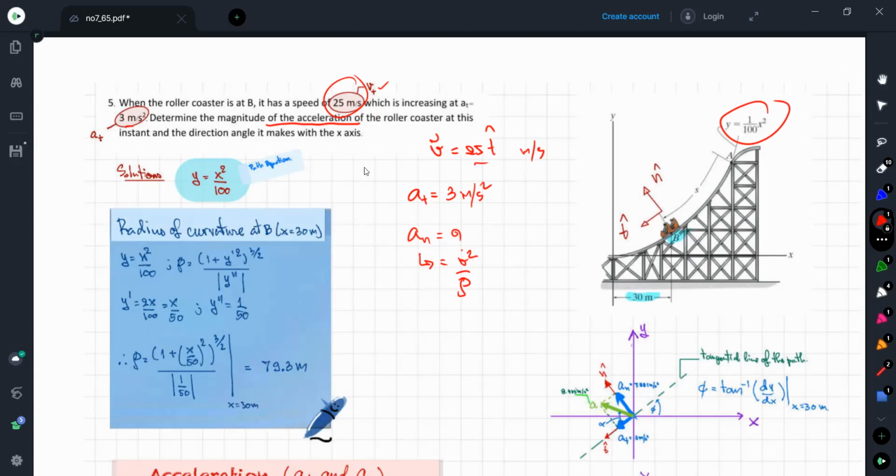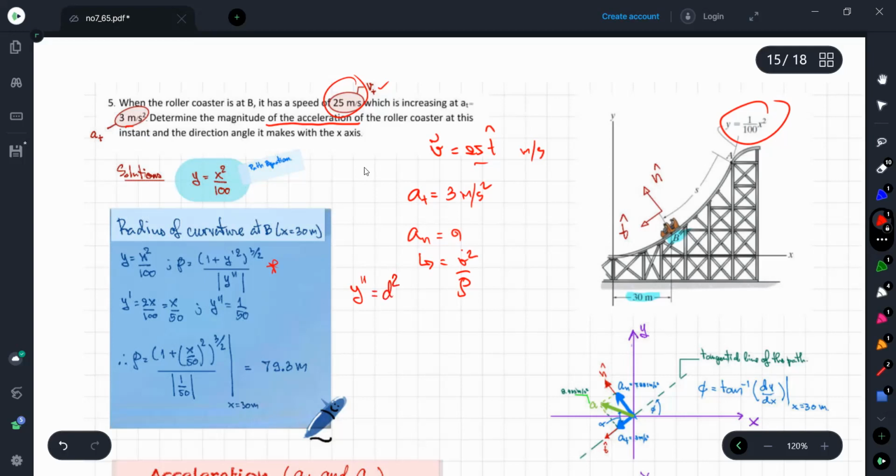The radius of curvature we can determine by 1 plus y prime squared to the power 3 over 2, divided by the absolute value of y double prime. Y prime is dy by dx and y double prime is d2y by dx2.